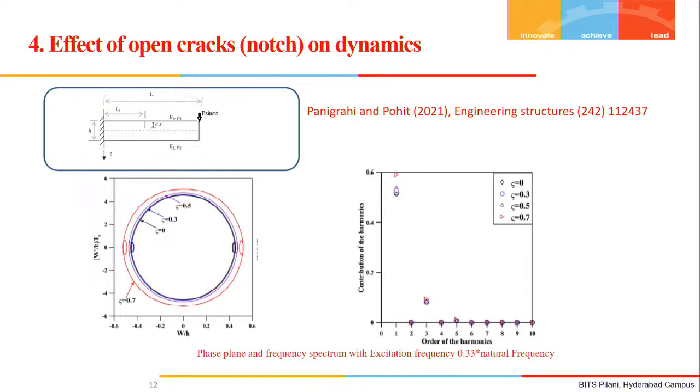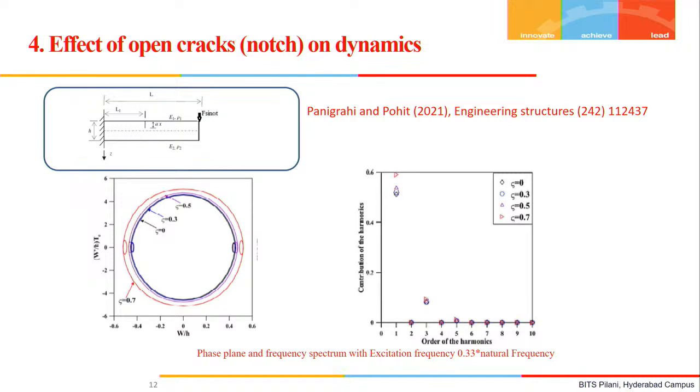If we talk about the harmonics of this response, how the crack is affecting the harmonics, when we excite this system with one single frequency like f sin omega t, where omega, the excitation frequency, equals 0.33 of the natural frequency, we found that the first harmonic is dominated by crack depth ratio 0.7.